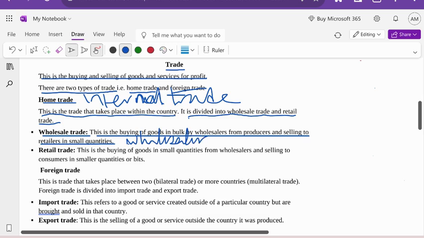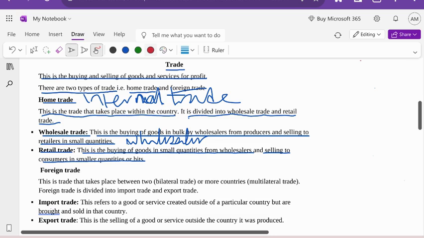Let us look at retail trade. This is the buying of goods in small quantities from the wholesalers and selling to the consumers in smaller quantities or bits. What I really want us to understand as far as retail trade is concerned is that the retailer always sells to the final consumer.